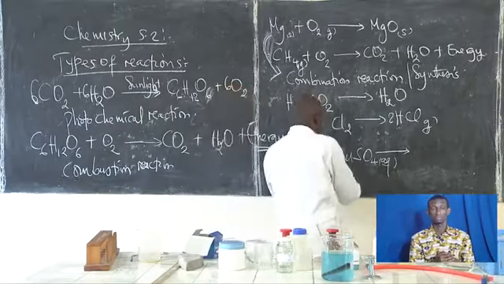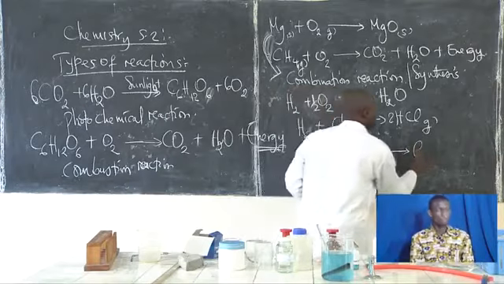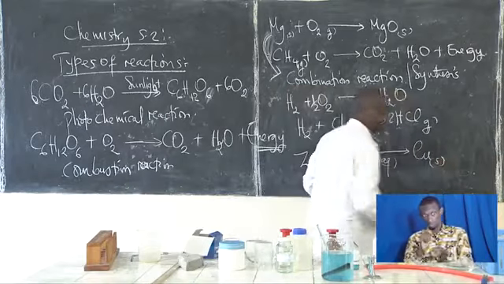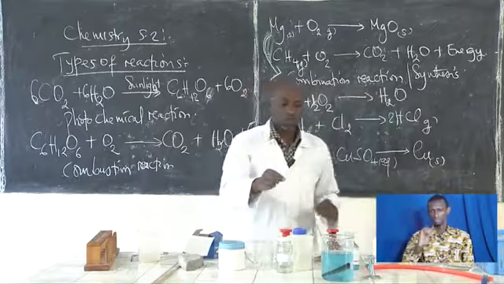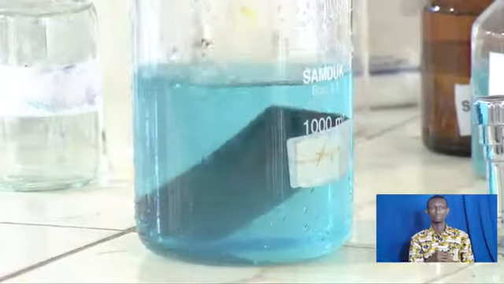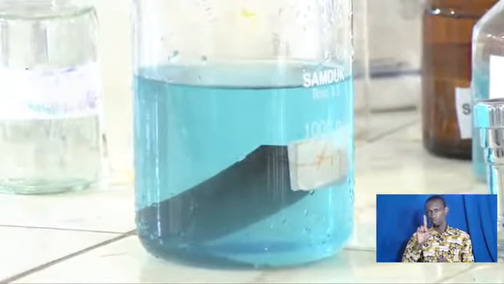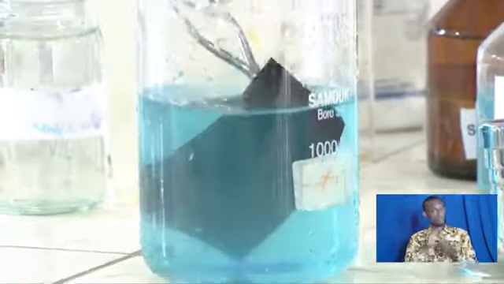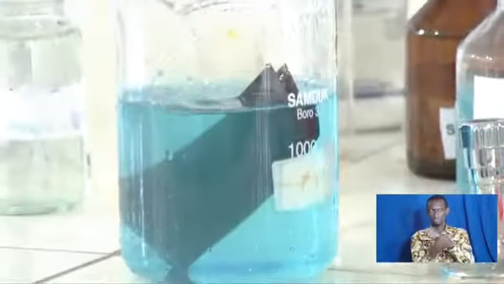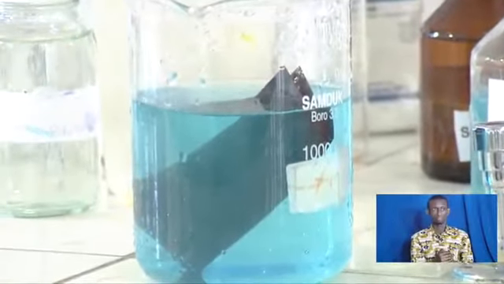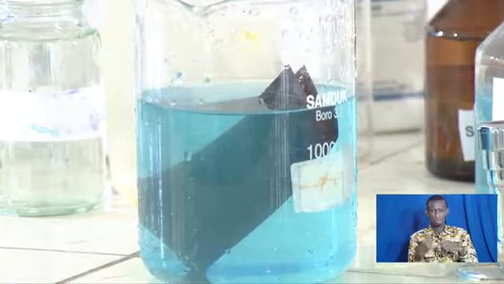And when it displaces, copper is displaced as a solid. So we'll have the solid forming on the zinc strip. It is changing. We have to keep it there for some time as we watch the reaction going on.